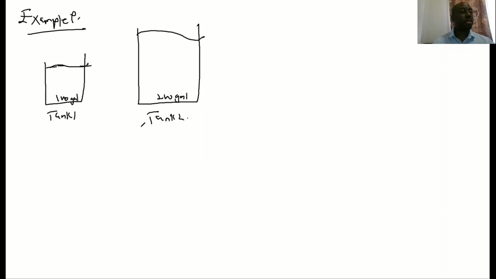Right. There is an exchange of brine between the two tanks. Right. Brine is pumped from tank 1 to tank 2 at a rate of 30 gallons per minute.